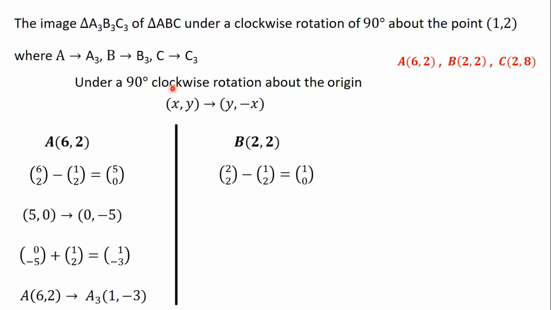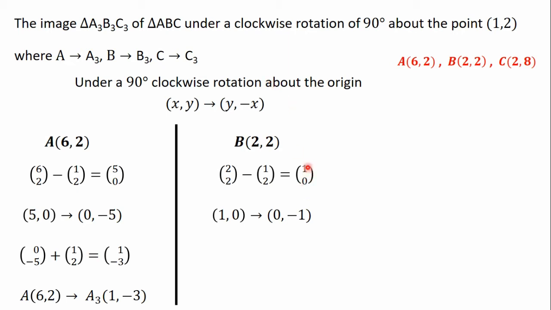After that, we will use this rule to rotate the point 1, 0. When we use this rule to rotate the point 1, 0, we will have 0, minus 1 as the image. So after we have subtracted the center of rotation from the point to be rotated, we will rotate the resulting point in the direction and the angle given about the origin.